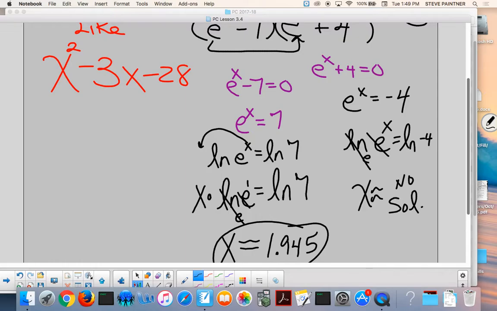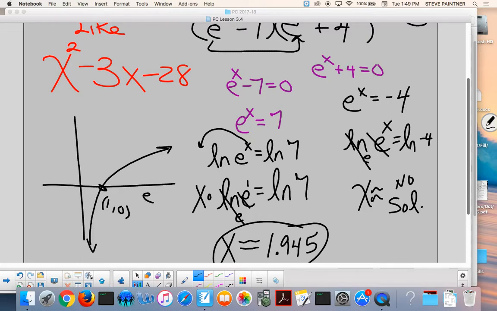Do you guys know why you can't take the log of a negative number? Hey, think about the graph. You guys should all know the graph of a log equation does this, right? It's always 1, 0. And in your case, your base is e. So e would get 1. Now, watch this. Why does 7 get an answer?